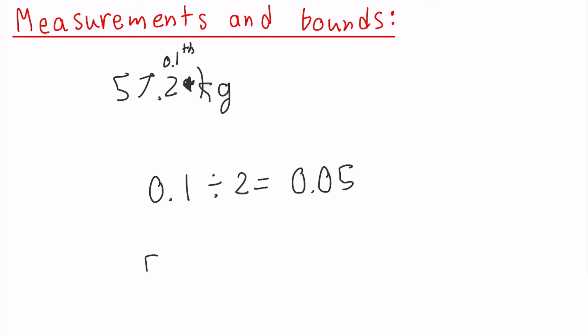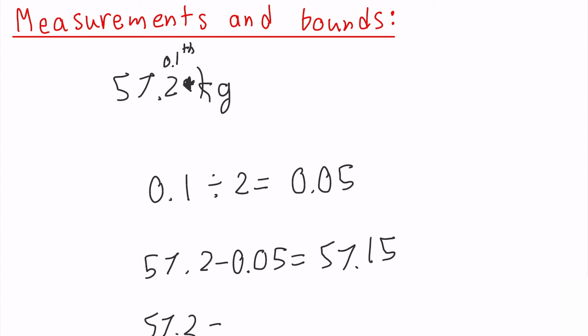So 57.2 minus 0.05 equals 57.15, and the upper bound is 57.2 plus 0.05, which equals 57.25.